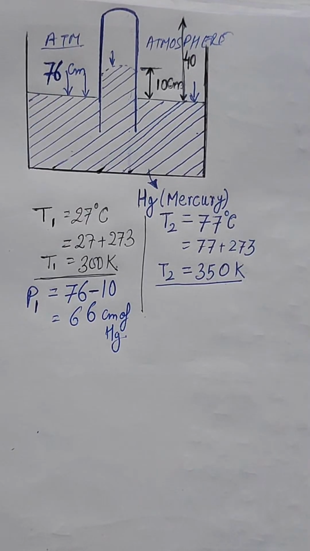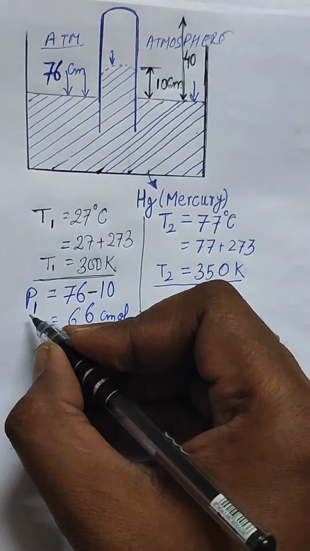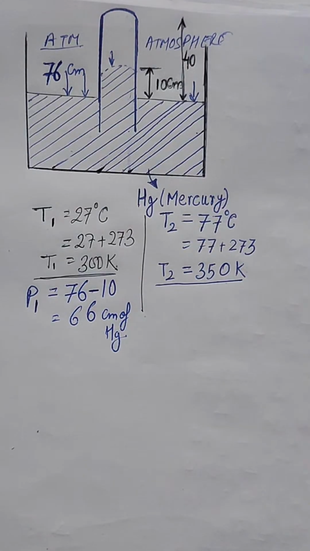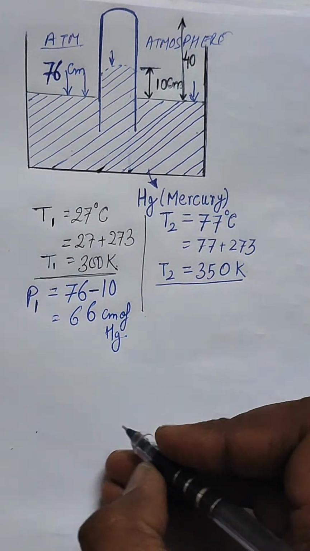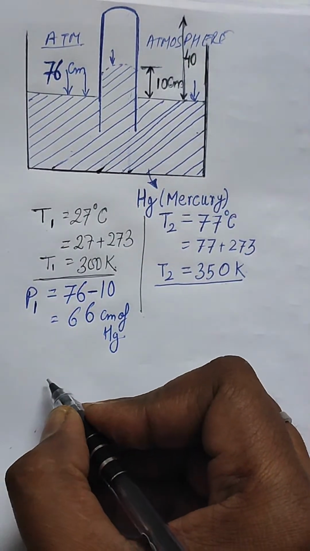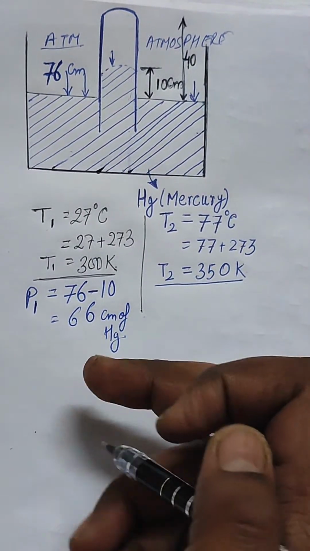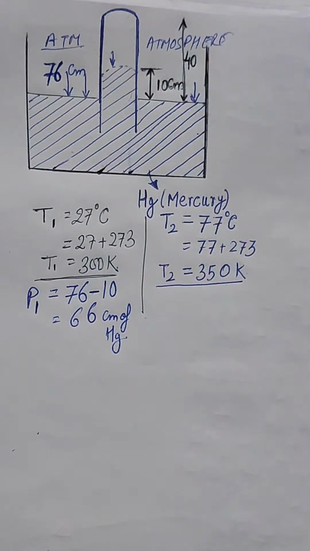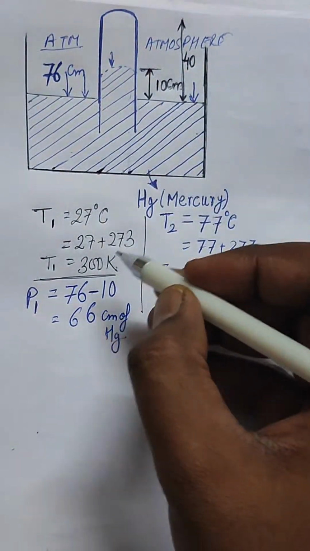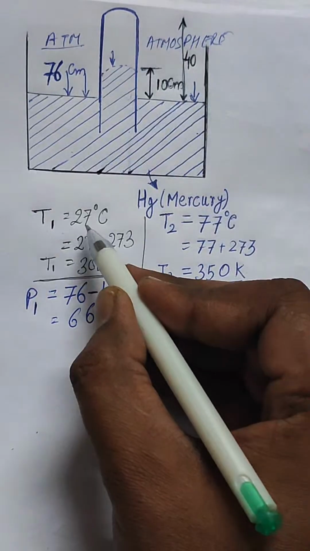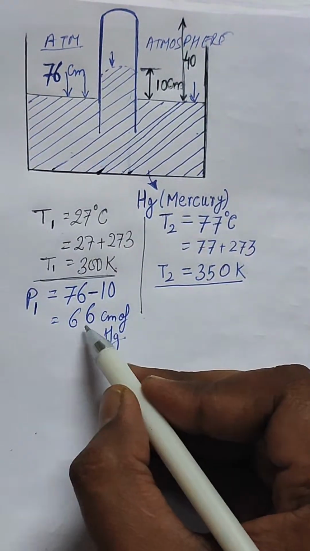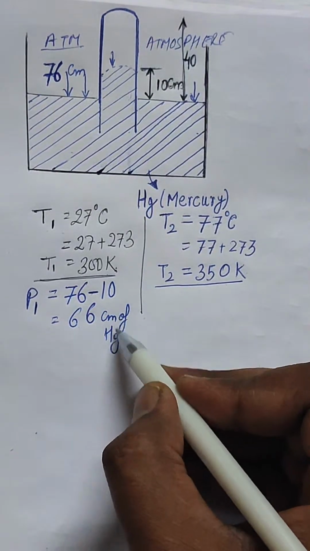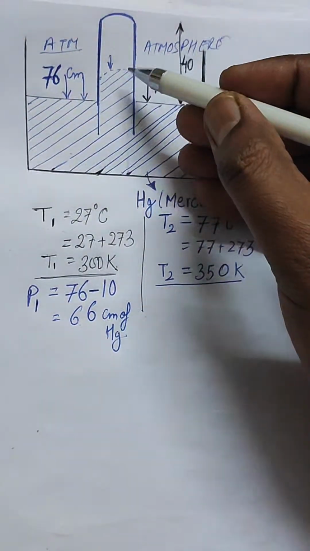So here we have T1, here we have P1. Now, if you remember Gay-Lussac's law, P1 V1 by T1 equal to P2 V2 by T2, we are going to use that only. In the first case, when the temperature was 27 degrees centigrade, basically 300 Kelvin, the pressure was 66 cm of Hg. You understood how?